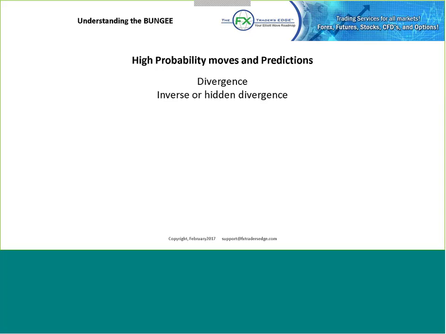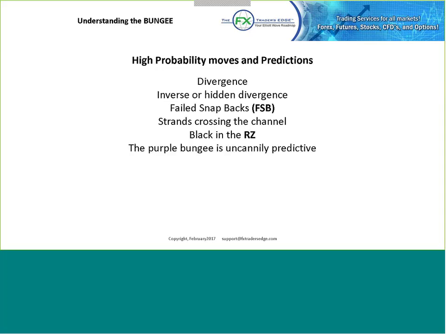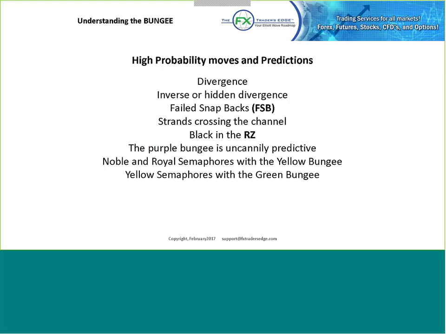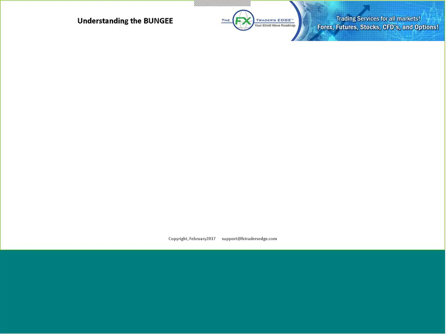So we've got a number of topics in this area. We're going to look at divergence, inverse divergence, snapbacks, noble and royal semaphores, a whole load of stuff. So we'll make a start straight away on that.